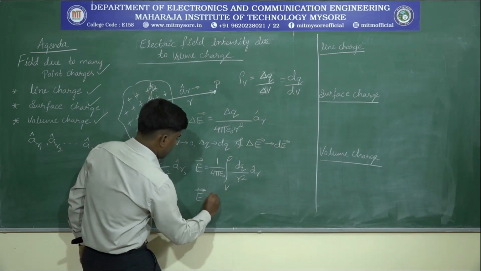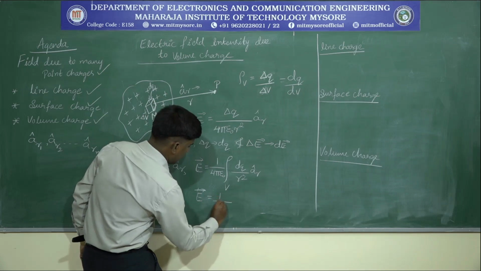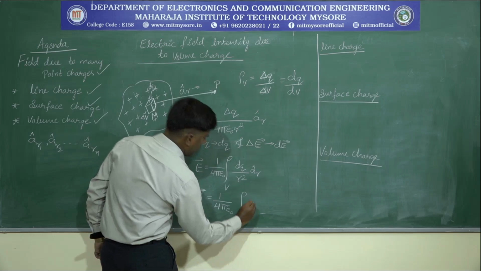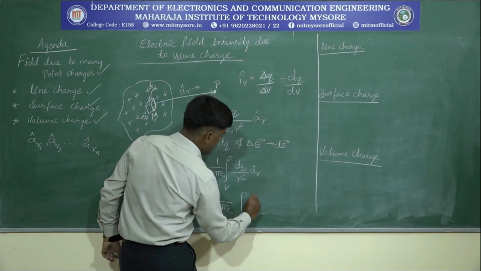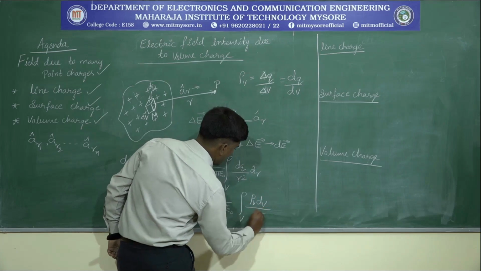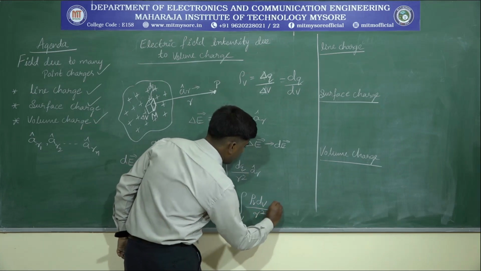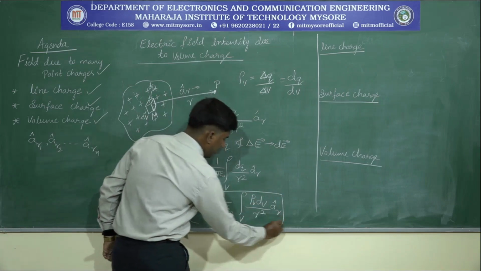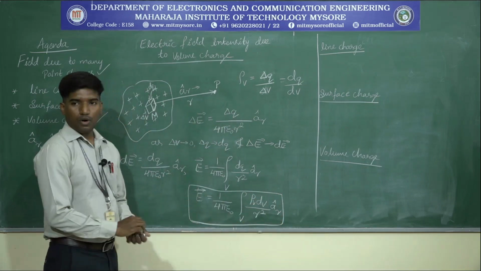So overall electric field intensity is equal to 1 by 4 pi epsilon naught into volume integral, dq can be replaced by rho v into dv divided by r square into a cap r. This is the equation for electric field intensity due to volume charge.